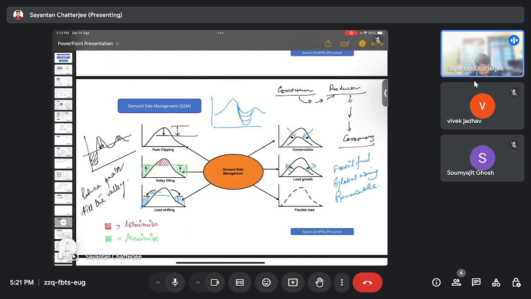It is getting reduced day by day with the increase in solar plants, solar equipment, everything, because during this period of time the solar generation is at its peak. The load is at its peak at these positions, but solar is here, wind is here, and load is here.